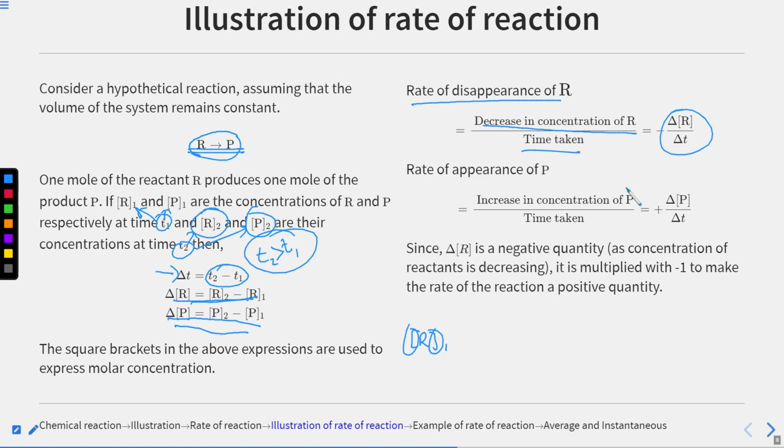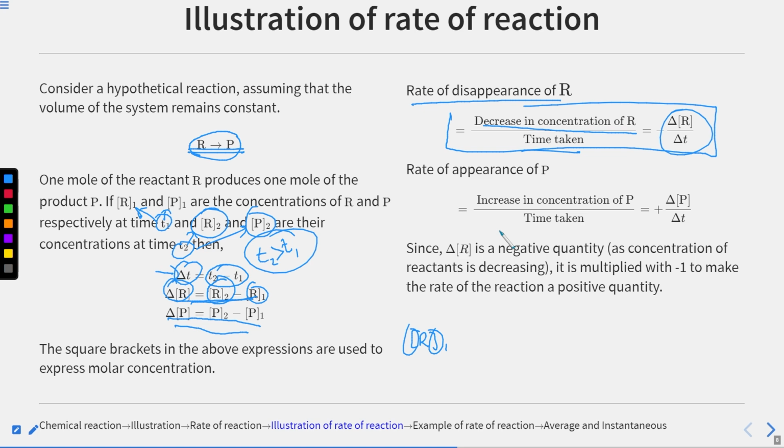The change in concentration is the final concentration minus the initial concentration, R2 minus R1, which gives delta R. This happens between time T1 and T2, so T2 minus T1 gives delta T. So this would be our rate of disappearance of R.